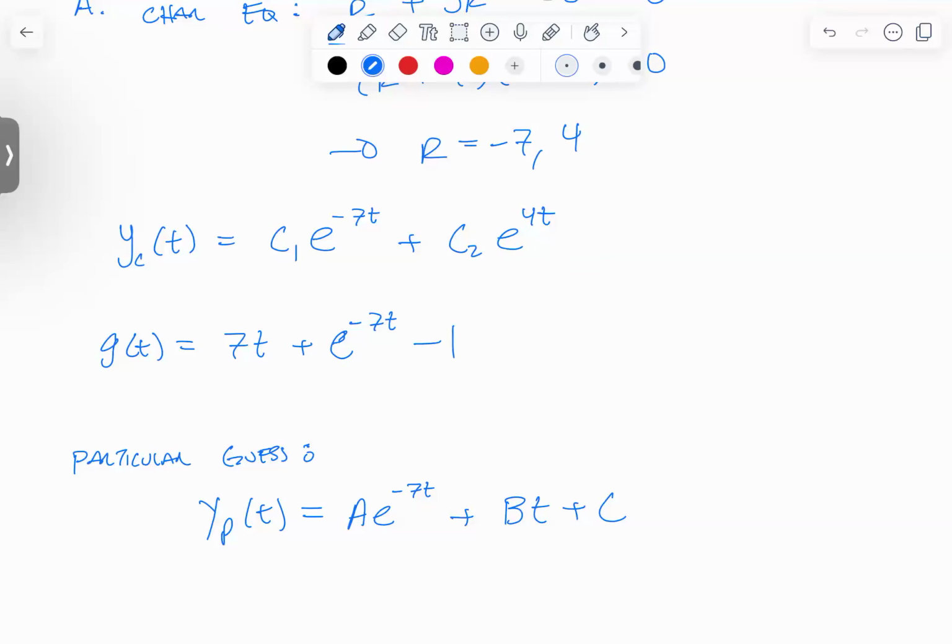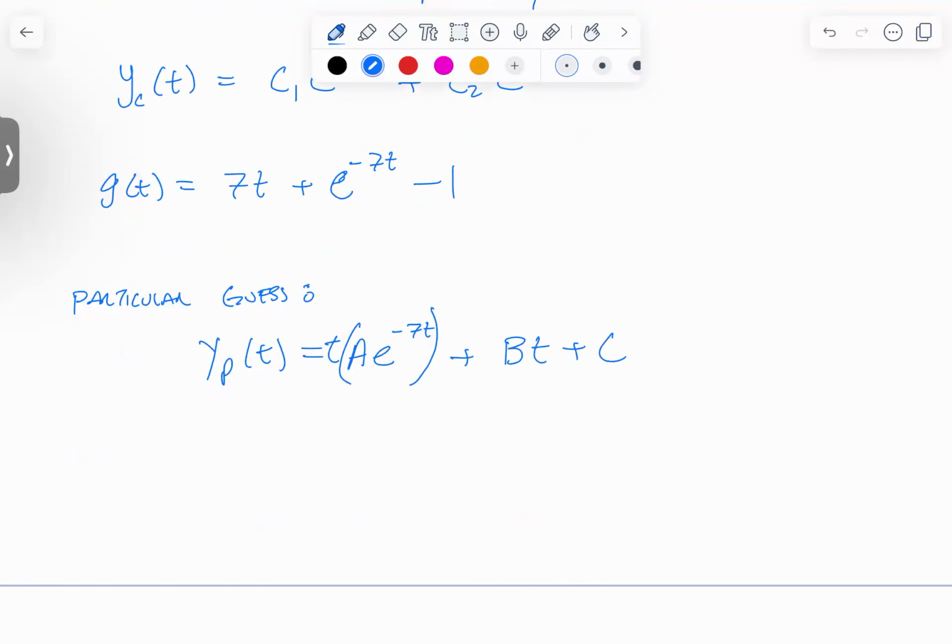Multiply it by t. It's simply just multiply by t, and it's pretty much that every time, just based on if we have to improve the power.